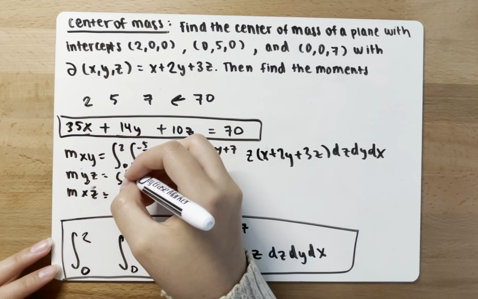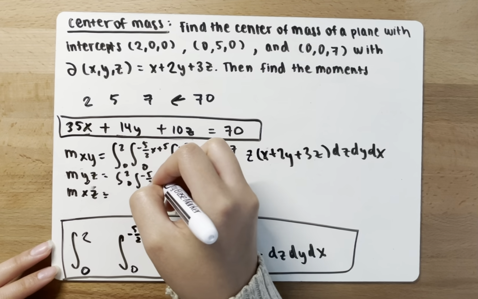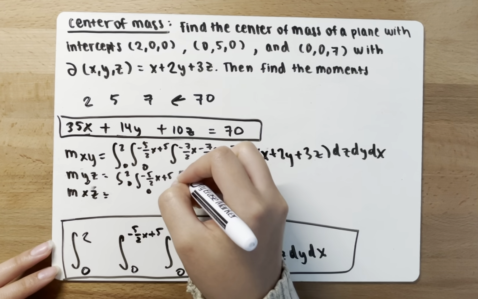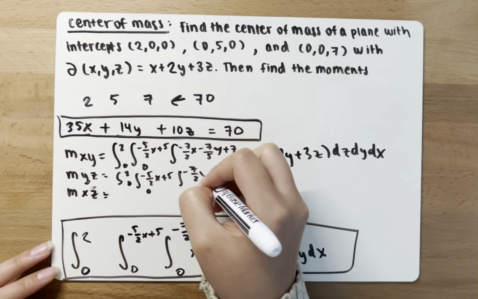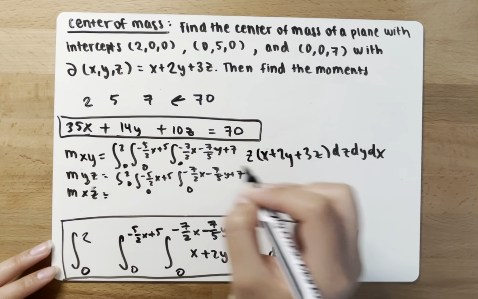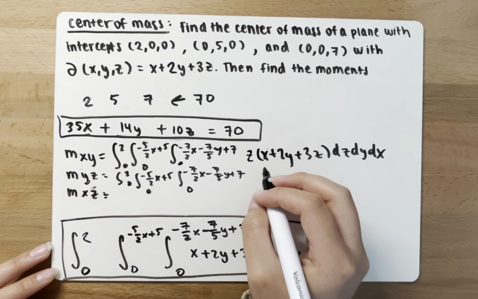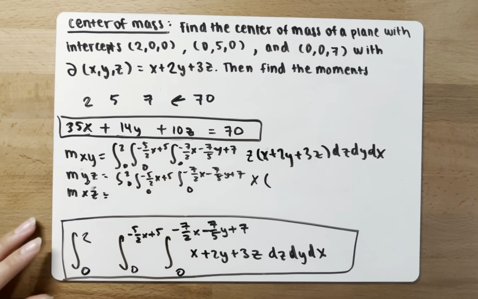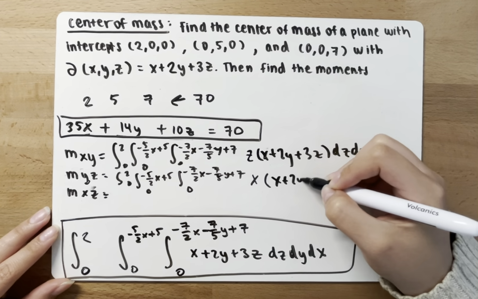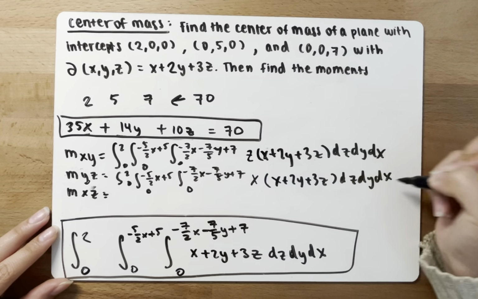Next up, for the moment of yz, same thing, copy all of your boundaries: -7/2 x - 7/5 y + 7, and 0. But you are going to multiply the density by the missing variable, which in this case is x. So x(x + 2y + 3z), dz, dy, dx.